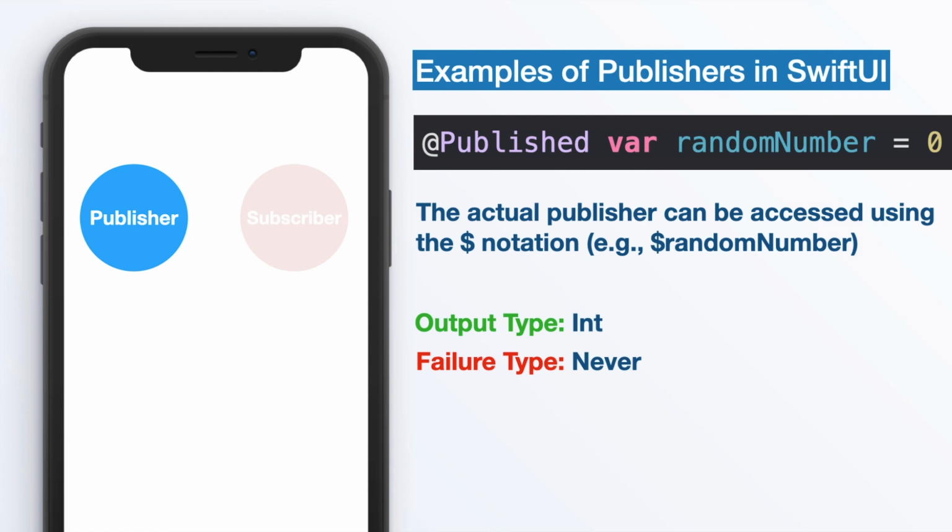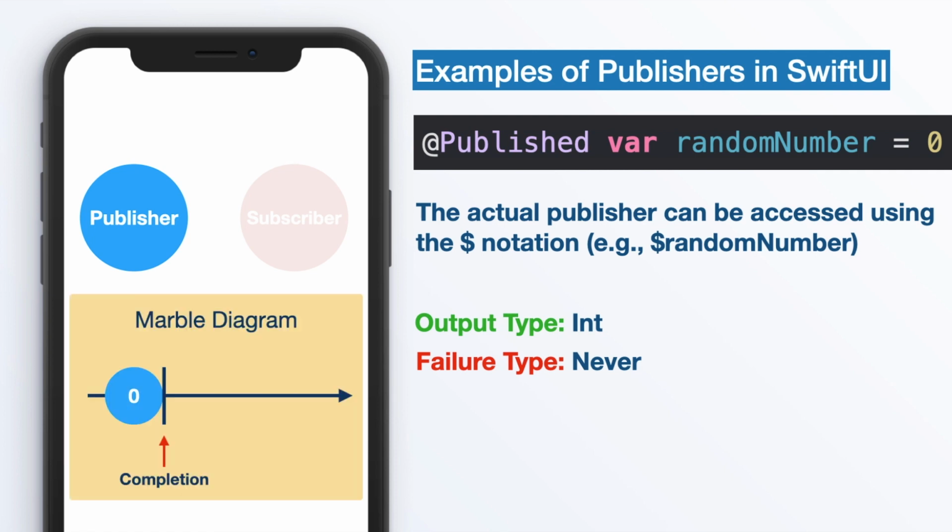So in this case, this whole variable also becomes a publisher. To access the actual publisher, you can use the dollar notation in front of it. By saying $randomNumber, you would be able to access its publisher. You will see that it looks like a just publisher, where the output type is an integer and the failure type is never.